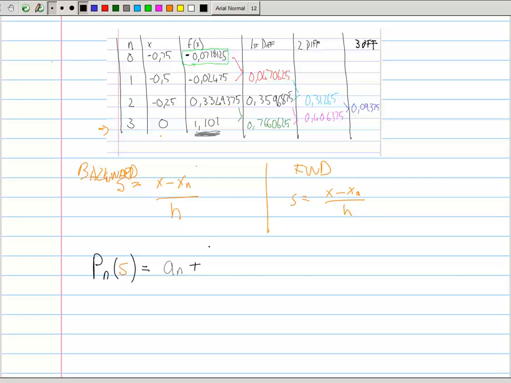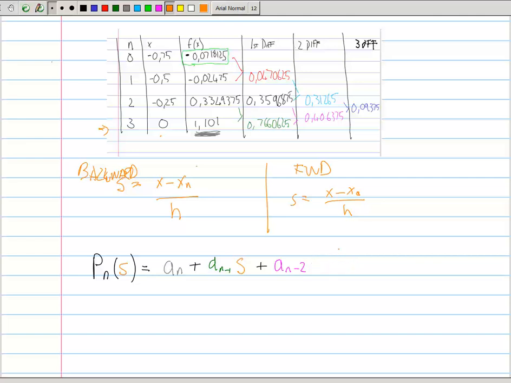plus, and this is going to start to look fairly familiar. This is going to now be an minus 1 multiplied by s, plus an minus 2, and that you can see over here, multiplied by s, multiplied by s this time plus 1.